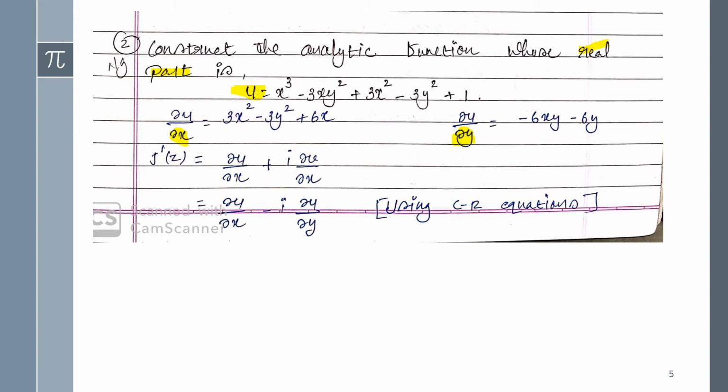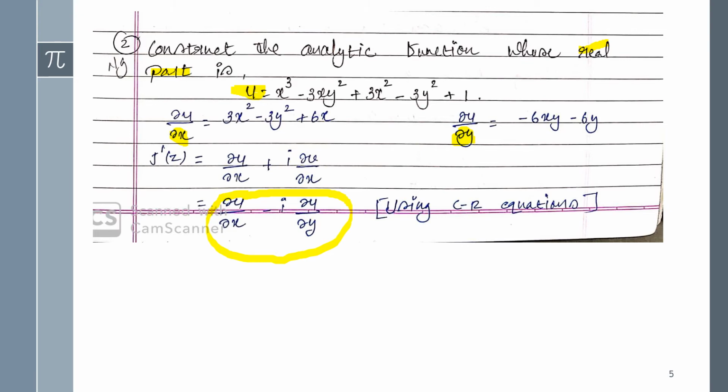So I am going to find f dash of z, and as you know that will be del u by del x plus i del v by del x, right? And by using the Cauchy-Riemann conditions you will get del u by del x minus i del u by del y. So these are the common equations, guys. Now no need to remind. I hope you all remember this very well now.